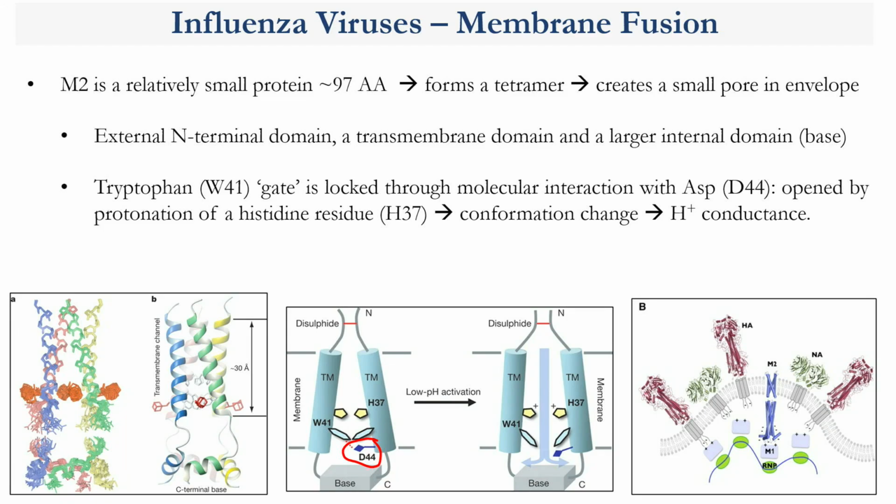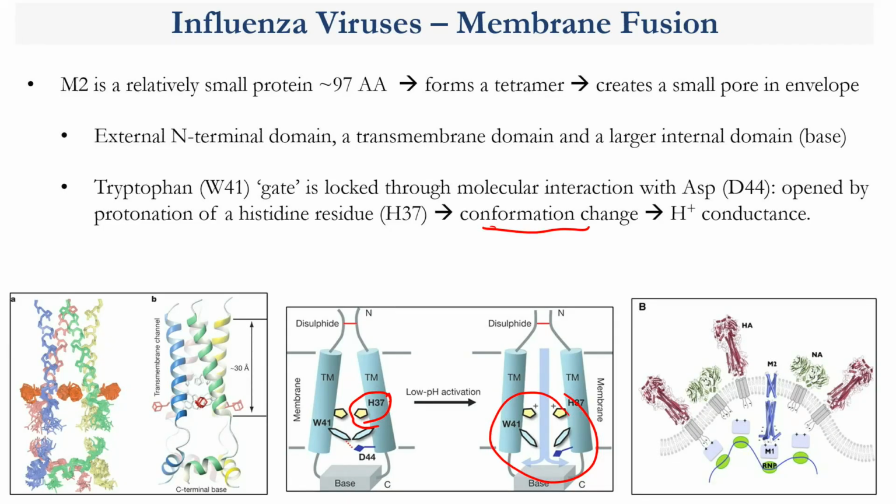Okay? And as the protons come in, this particular histidine at position 37 gets protonated. Okay? So as the pH drops, the histidine residue gets protonated. This causes a conformation change, and now this will open the gate. And as the gate opens, you can conduct protons across that channel.